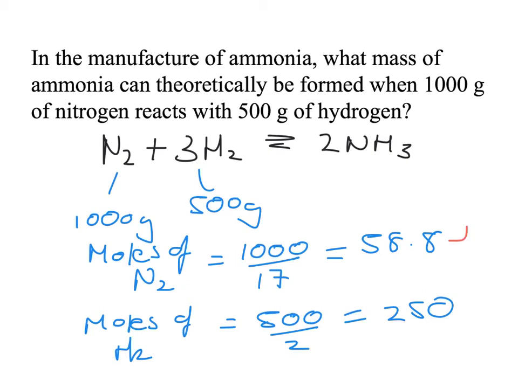So to react with 58.8 moles of nitrogen, I would need 58.8 times 3. I would need 176.4 moles of hydrogen. However, you can see I've actually got 250 moles of hydrogen, and therefore I can say that hydrogen is in excess. I've got too much of it.